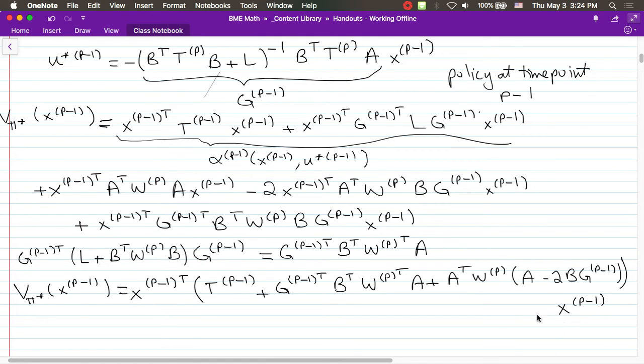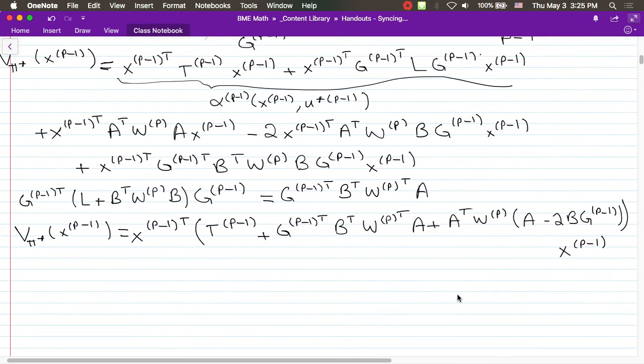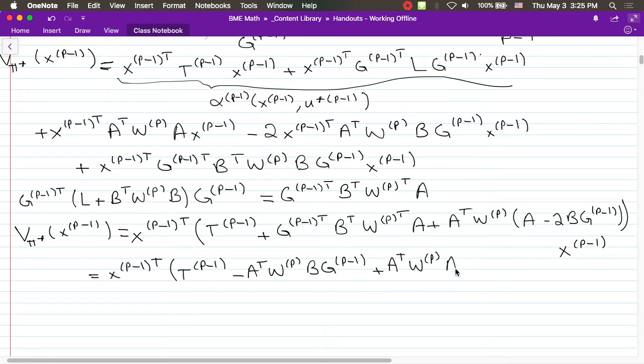It's a quadratic term in terms of x of P minus 1. So also this can be simplified, so we get x of P minus 1 transpose times T of P minus 1 minus A transpose WP B G P minus 1 plus A transpose WP times A, times x of P minus 1.